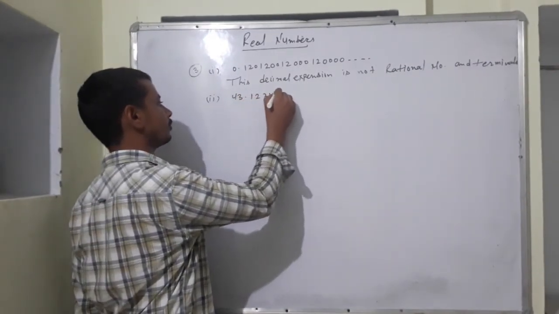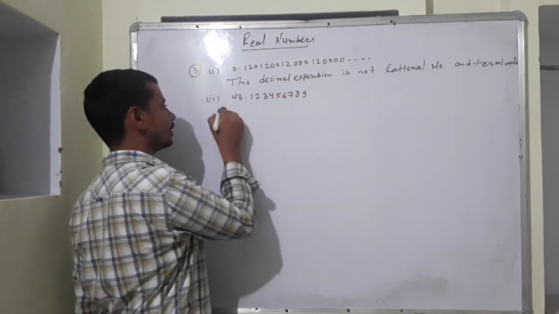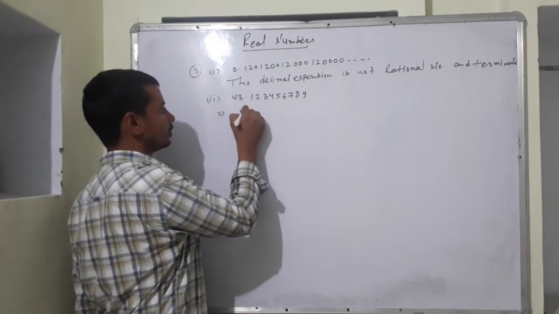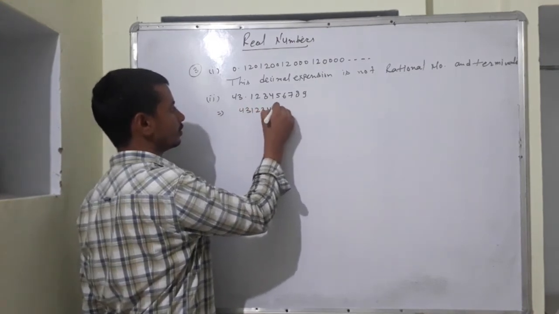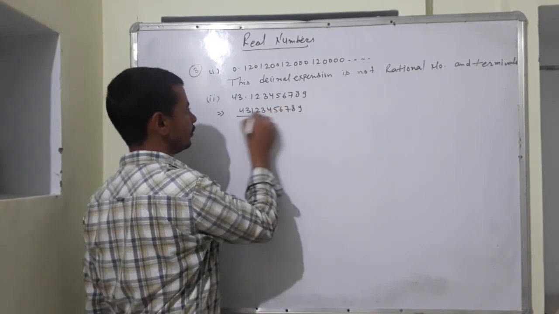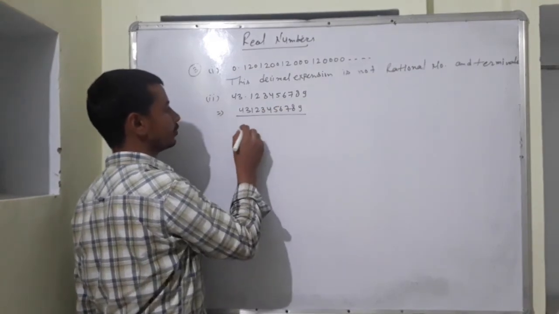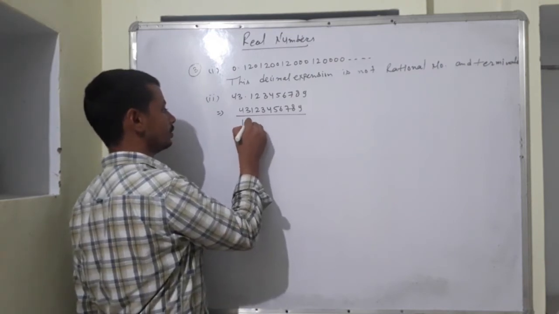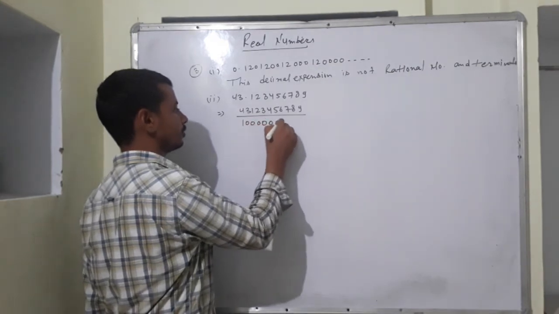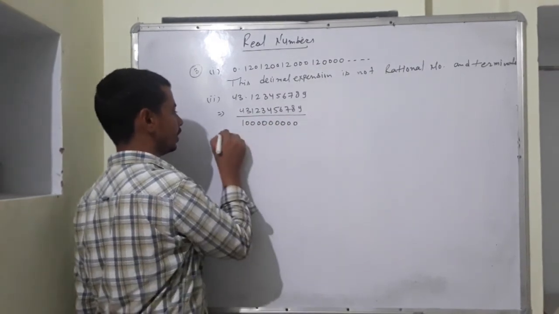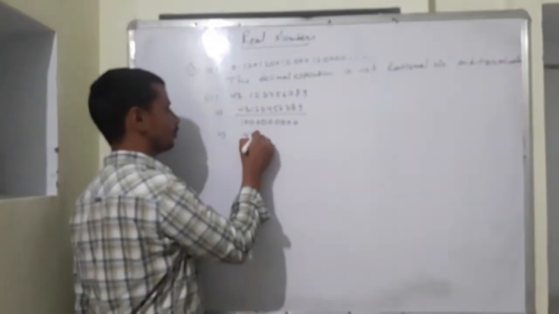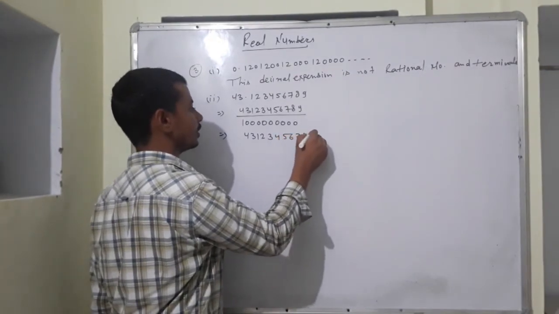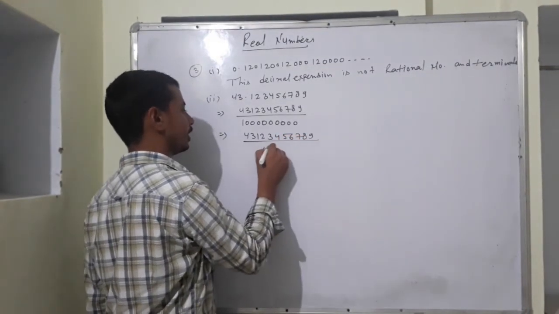Second part is 43.123456789, and we can write it in the form of, when we remove the point, 43123456789 upon 1 followed by 9 zeros, and we can write in the form of 43123456789 upon 10 power 9.